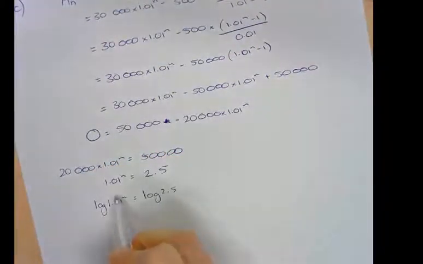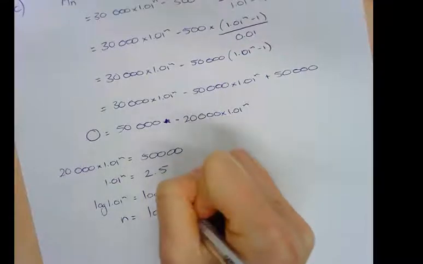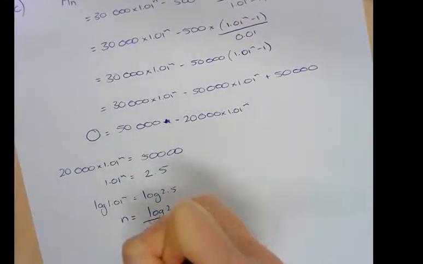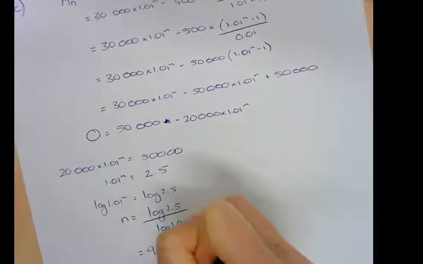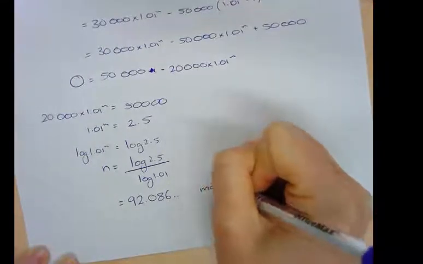Bring that n down the front, and then divide by log of 1.01. So we'd have n equals log of 2.5 over log of 1.01, which would give us 92.086 and so on. And that's in terms of months.